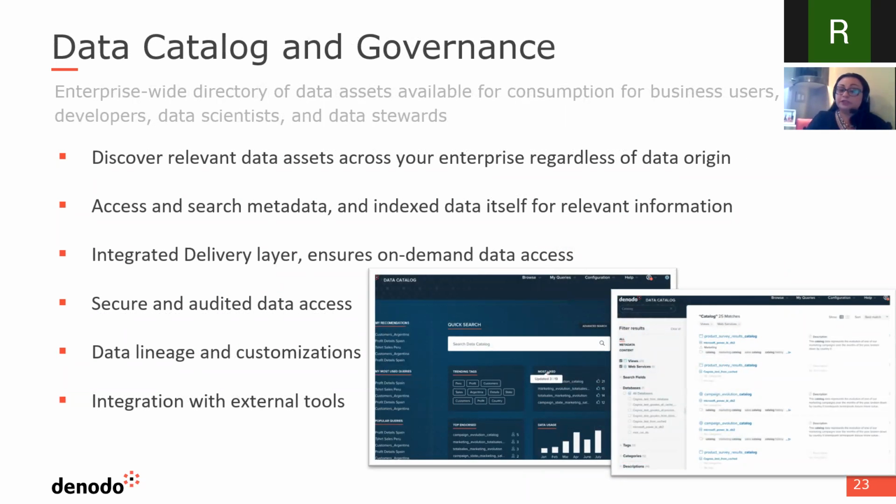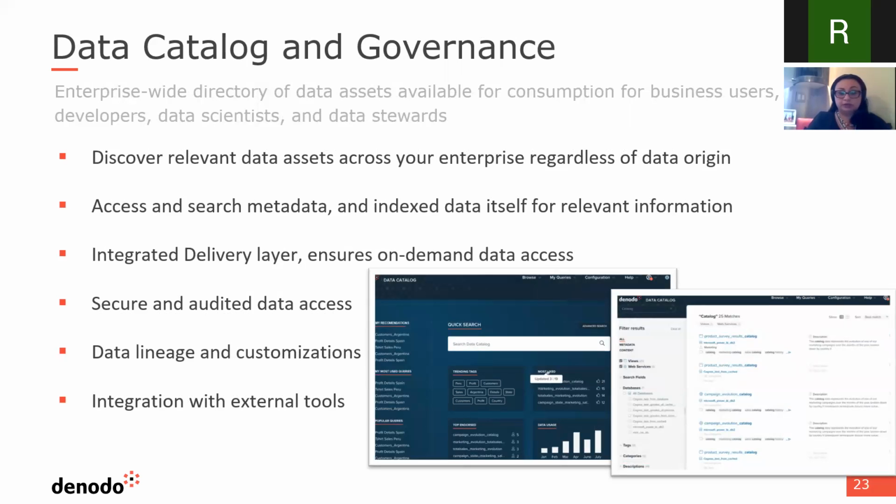But we also have a different type of consumer. We have that self-service business user. We have a data steward who wants to see what type of data is available. They want to search for data. And for them, we have a data catalog. The data catalog enables a business user to log in to the Denodo data catalog portal and start searching and looking for data assets.